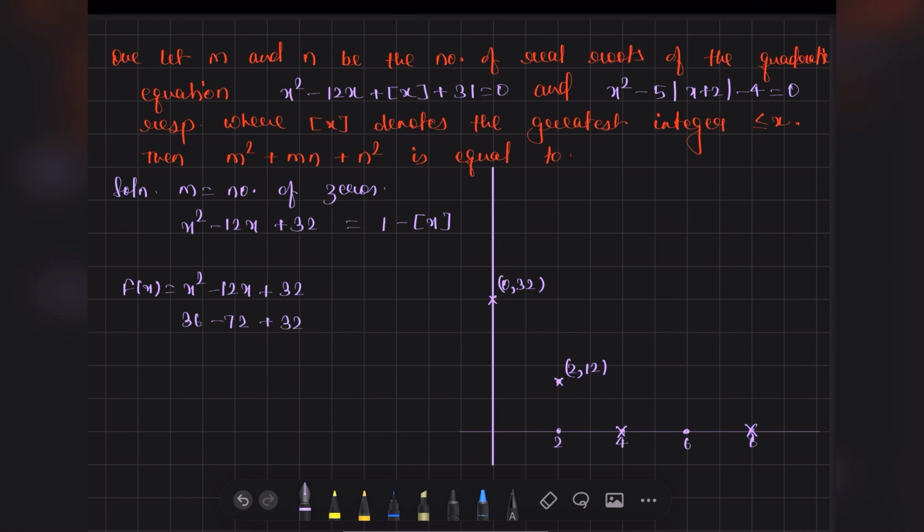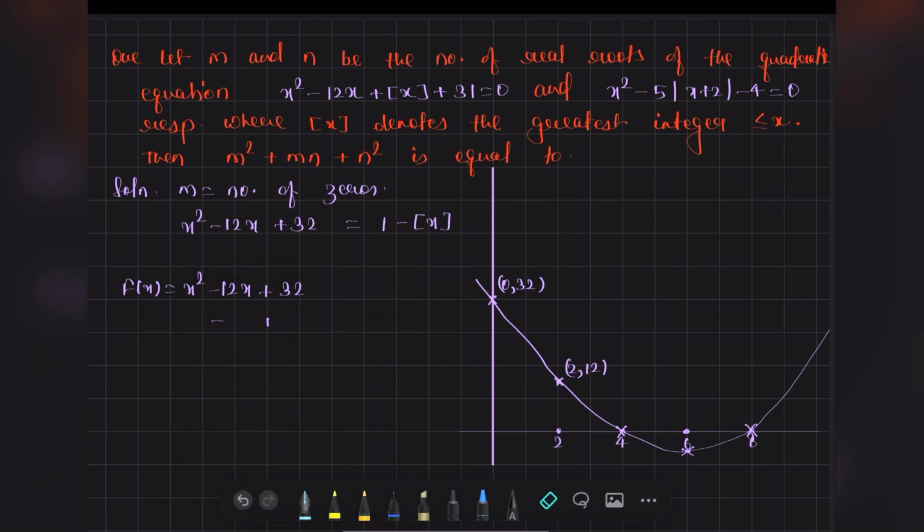Now let's add them. It is 68 minus 72, so it is minus 4. So if x is 6, it is minus 4, somewhere here. Now let's try to sketch the rough diagram. So we will have this kind of graph.